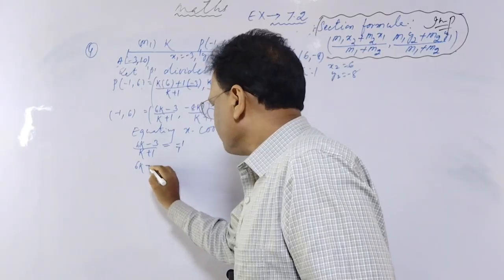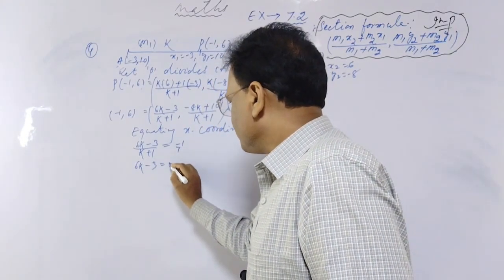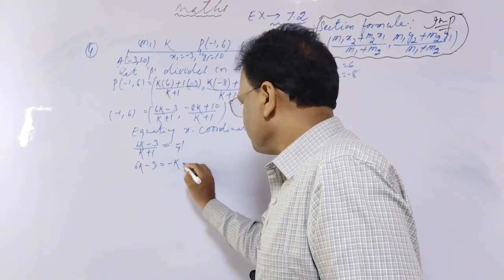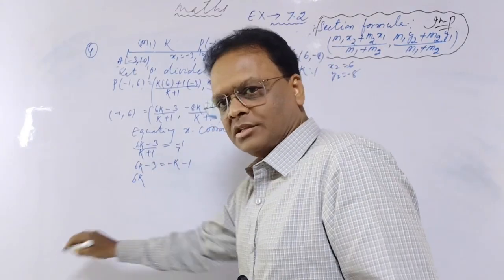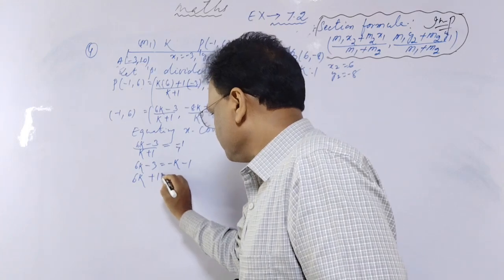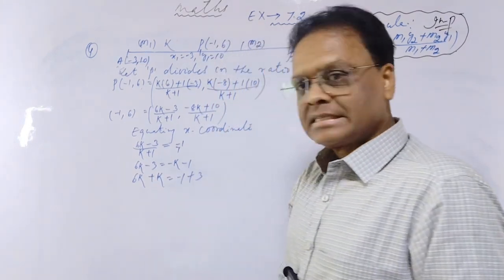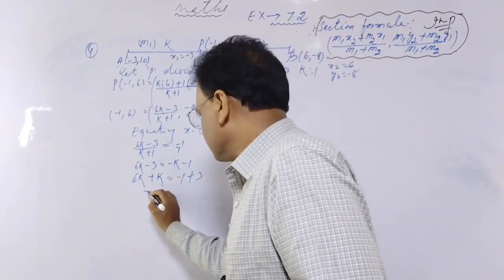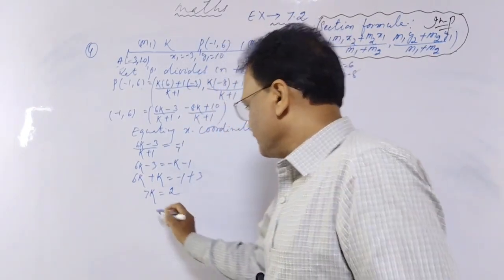6k minus 3 into 1, that one only, is equal to minus 1 into k minus 1. Now 6k, take this one transpose, plus k is equal to minus 1 plus 3. 6k plus k is nothing but 7k. 7k is equal to 2.